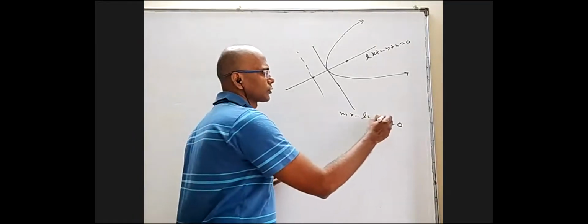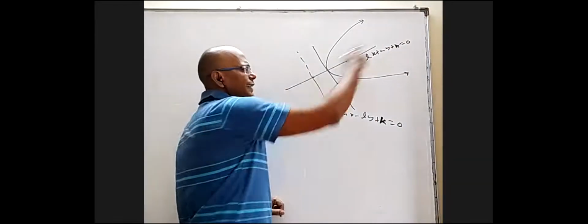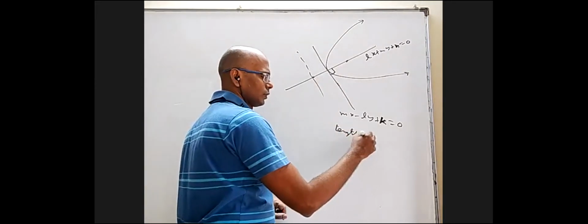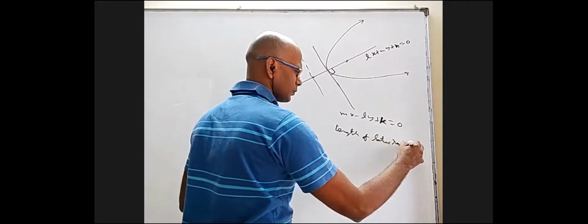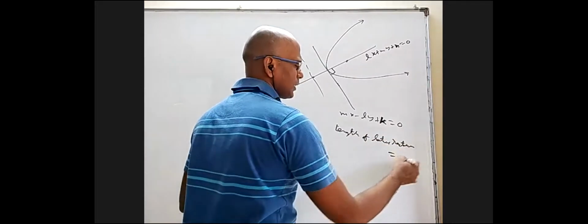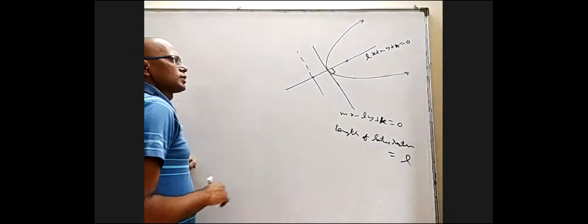Of course, you can multiply by 2 or 3, not a big issue. The constant is different. Somebody gave you the axis, the tangent at vertex, and the length of the latus rectum, some L or something. Then what is the equation of the parabola?